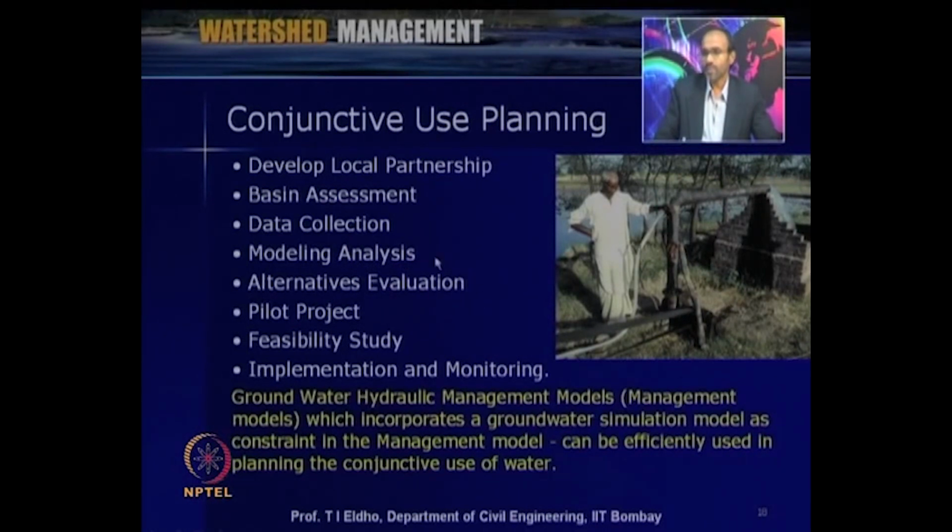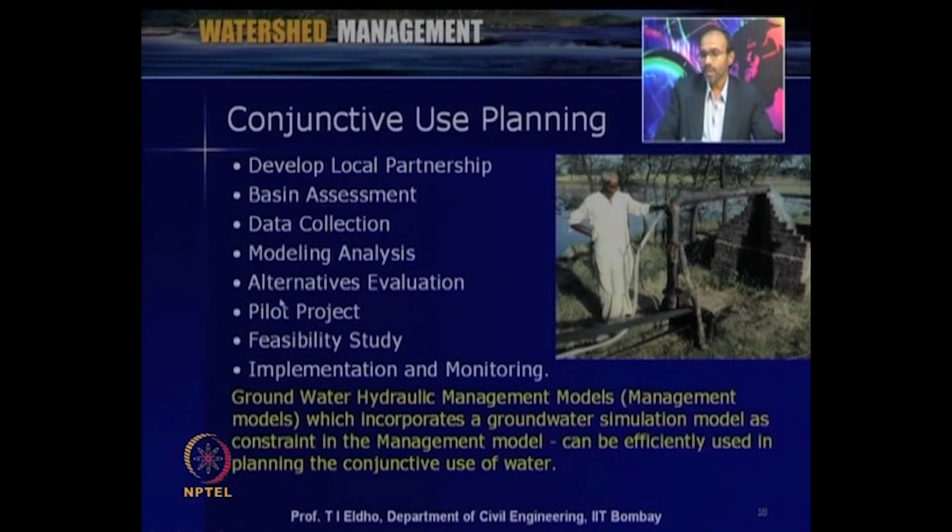And then, depending upon the plans we develop, we have to evaluate each of these plans and see which gives the most optimal benefit-cost ratio, so that we can take the best plan. Then we can develop a pilot project, so that other people in that area will be attracted to it. The pilot project can be done at either district level or state level.